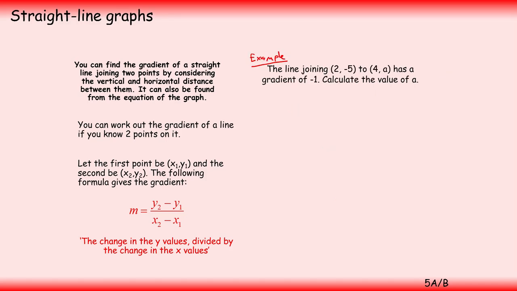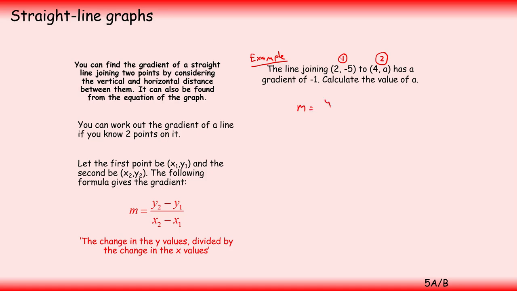Example, we've got the line joining 2 coordinates, 2 minus 5 and 4a, which has a gradient of -1. So they give us the gradient and they want us to find the value of a. Now, like we say, it doesn't matter which one you put as 1. We call this coordinate 1 and this one is coordinate 2. Doesn't matter which way around you do it. We know our formula for gradient.